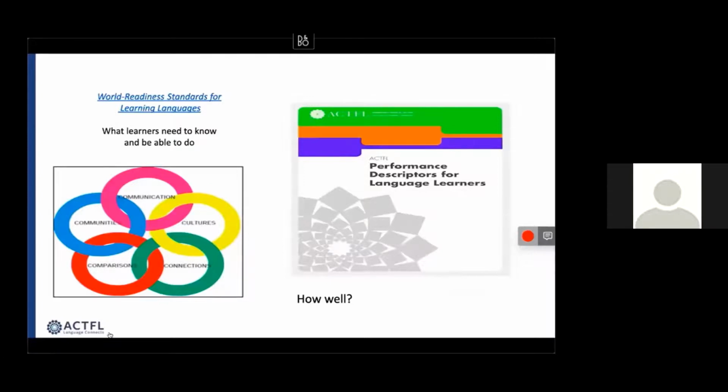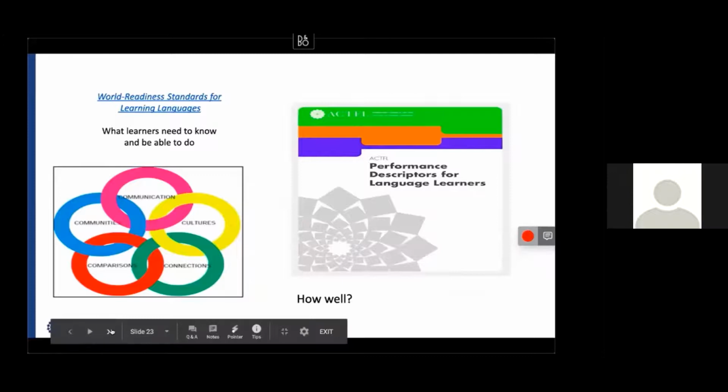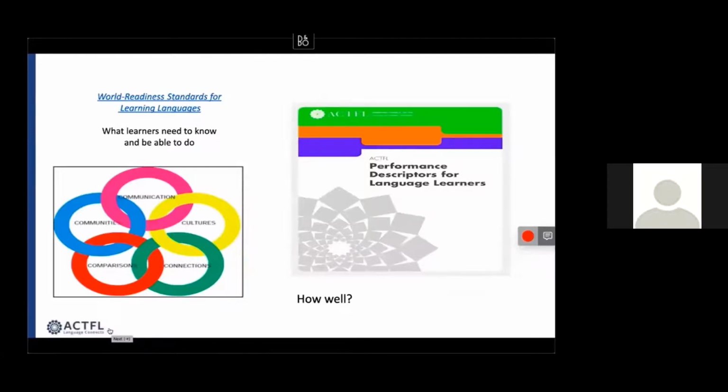These are the standards commonly referred to as the US standards or the ACTFL standards. The standards talk about the 5 C's, different content areas that need to be part of any language program: communications, cultures, connections, comparisons, and communities.